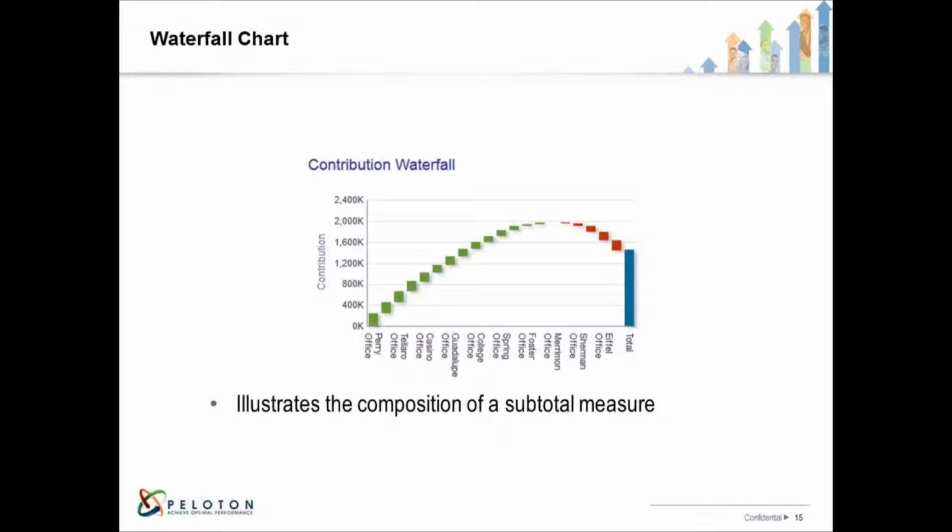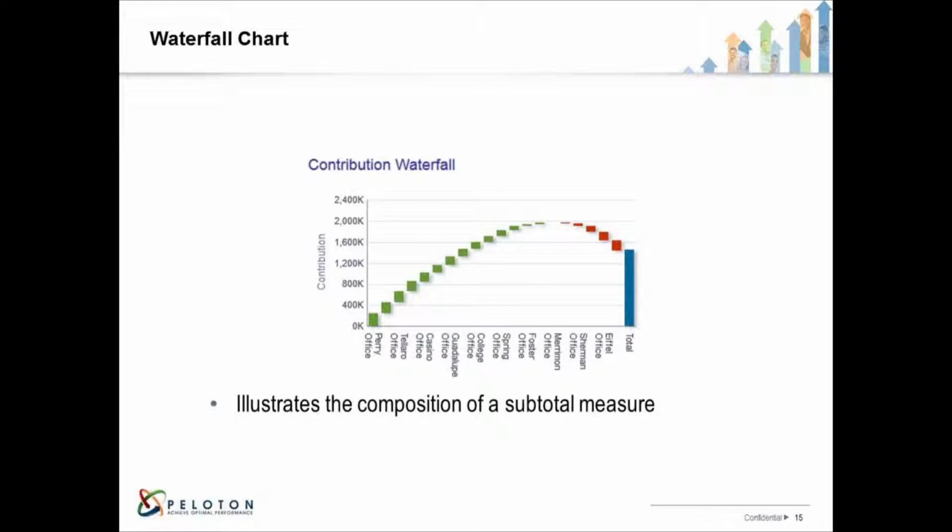So to the far left, the ones that have the largest contribution, the Perry office and the Talaro office, have larger blocks, and they stack up to the peak of the smallest positive contributor. And then we have the negative contributors, which are shown in red, and that gets us to our total.